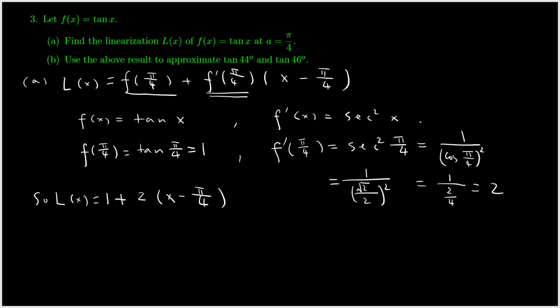I think question A is simple, right? You just follow the formula, evaluate the function at pi over 4, evaluate the derivative at pi over 4, and plug in the numbers. You can get the answer. Now let's move on to B.